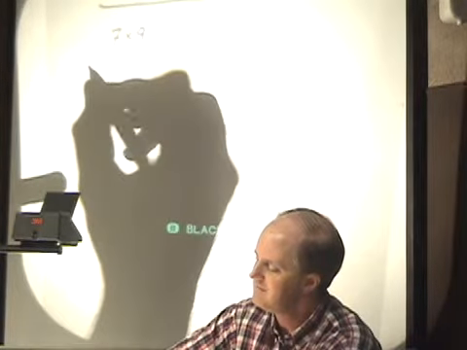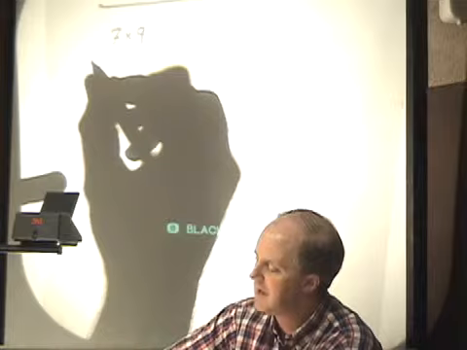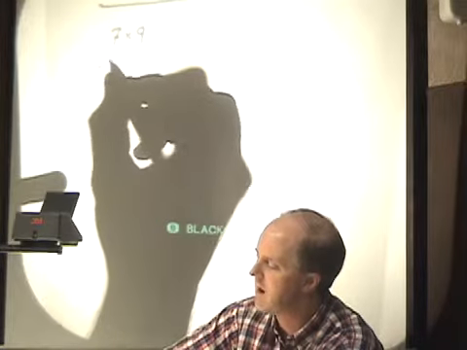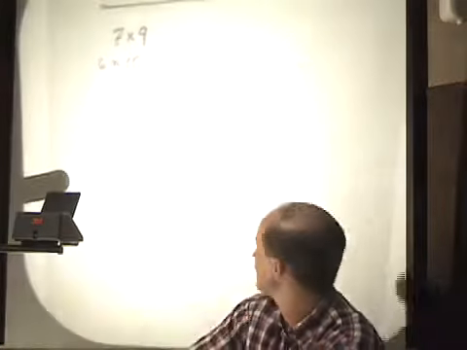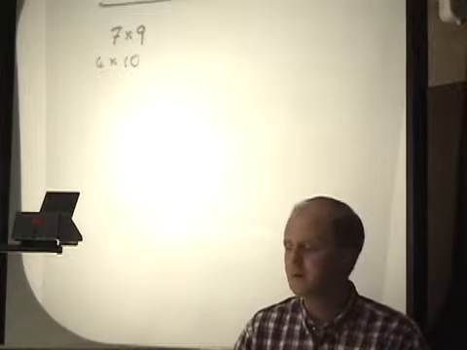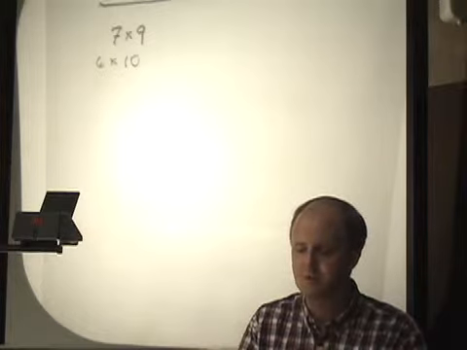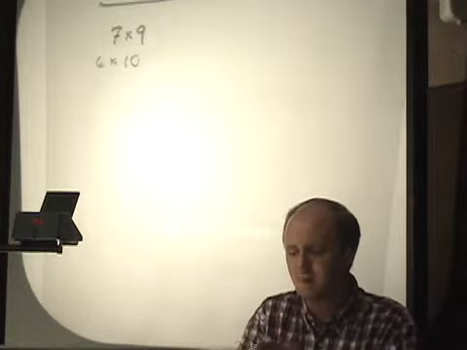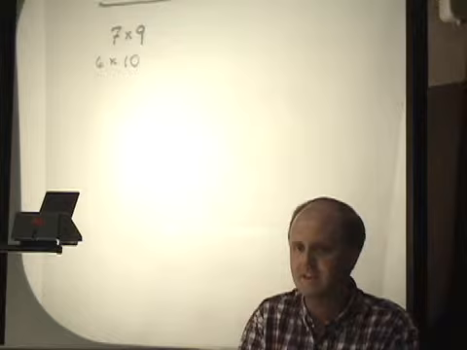Kummer realized that, for example, when you multiply things like 7 times 9, you are going to get a bigger answer than, say, 6 times 10. Kummer knew that as you take two numbers and multiply them, but move them closer together in equal amounts, you get bigger numbers.